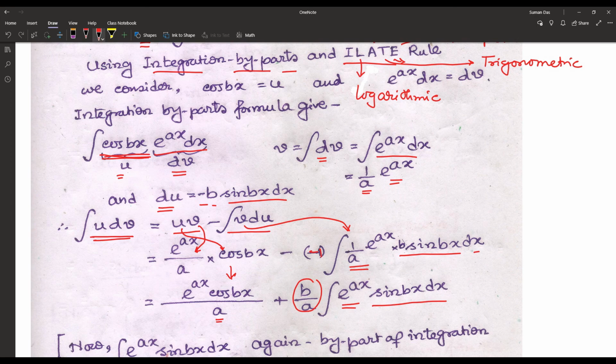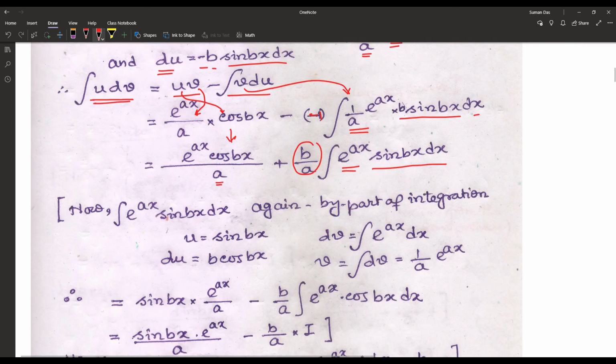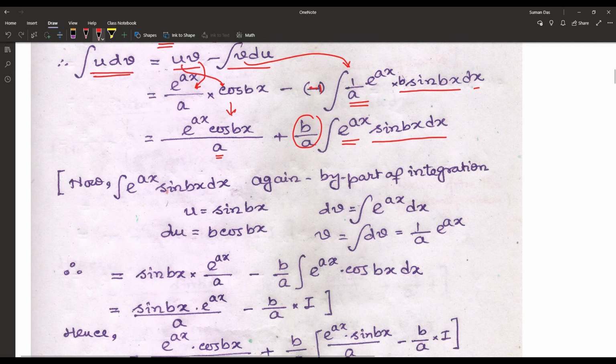Now let's check that part, that means integration of e to the power ax sin bx. Once again we are using the Euler property for that particular integration, and sin bx as a trigonometric function we are using as u. So du is equal to b cos bx dx and dv is equal to e to the power ax dx. So v is equal to 1 by a into e to the power ax.